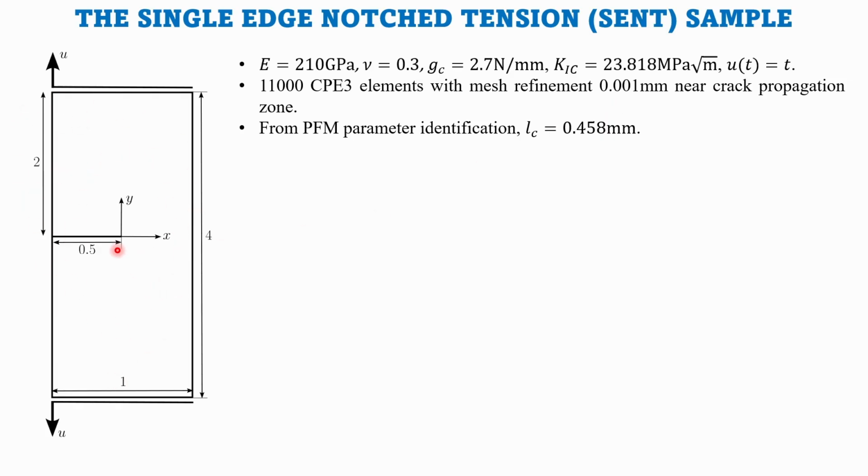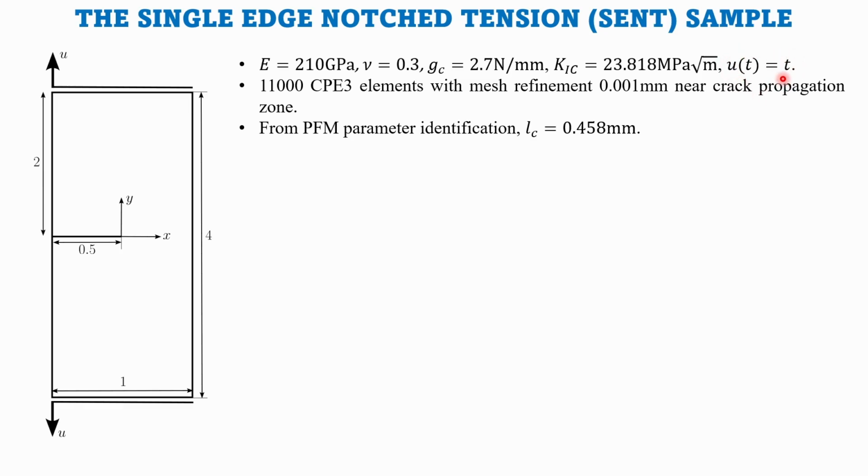From your fracture mechanics, you must know what mode 1 is: the pure tensile mode. K sub 1C is 23.818 MPa root meter, which is calculated from this value and this value. It is the square root of GC times E from linear elastic fracture mechanics, and U is t.